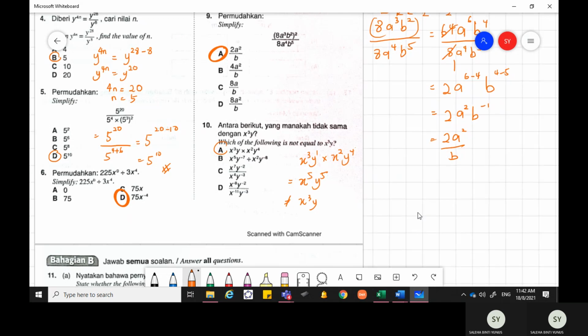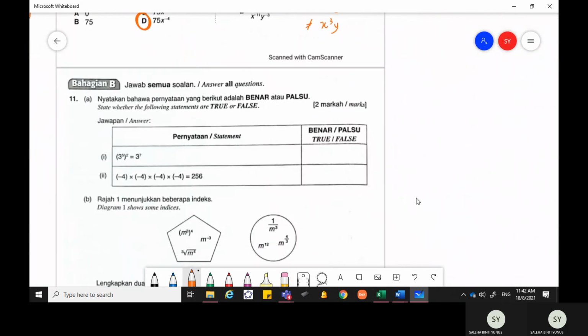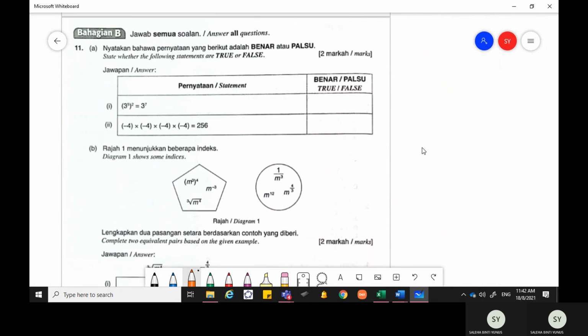So kita nak move on to section B. Okay. So section B, tak perlu nak buat jalan kira, just write the answer only. Okay, the first one, question number 11. State whether the following statements are true or false.